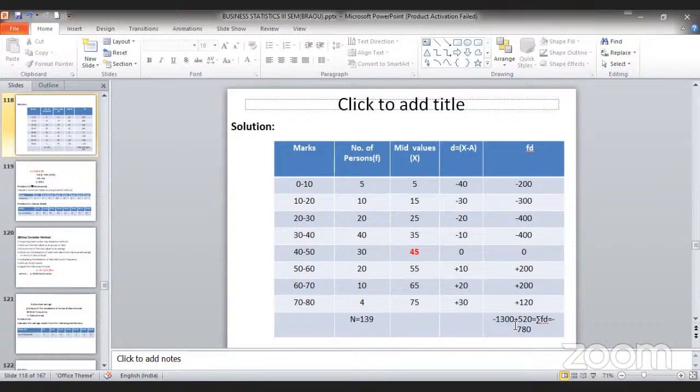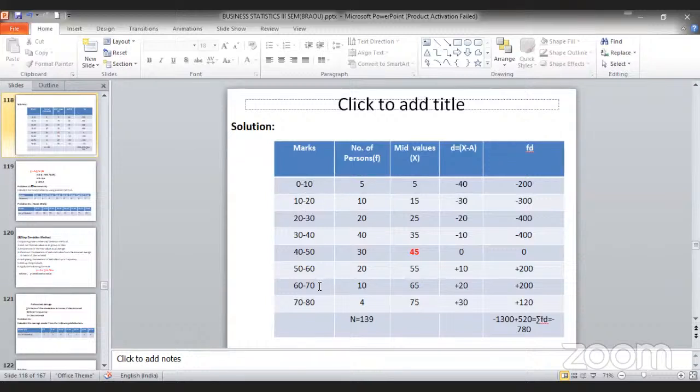Ma'am, will you please once again explain this problem? Yes, sure. Here, these two columns are the question. Here, in the discrete series, you multiply the frequency with the x value. The x value is single, but here we have two values, the lower limit and the upper limit. So with which will you multiply the frequency?